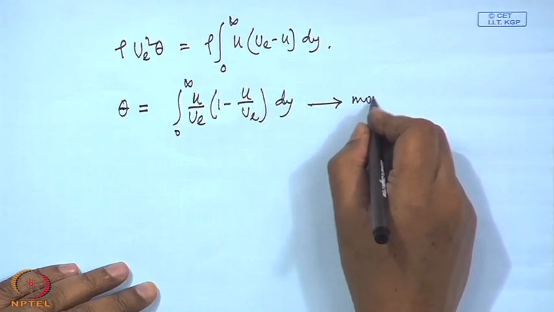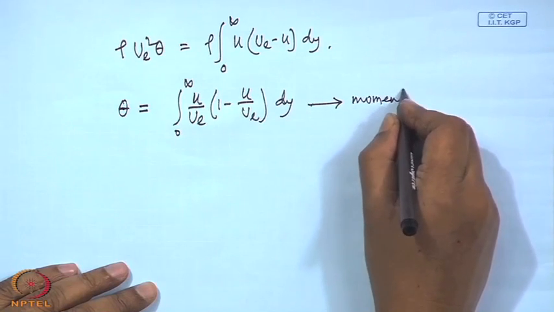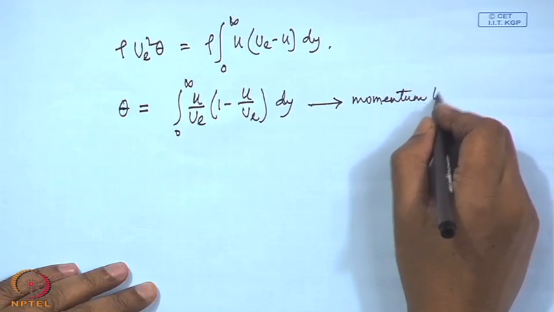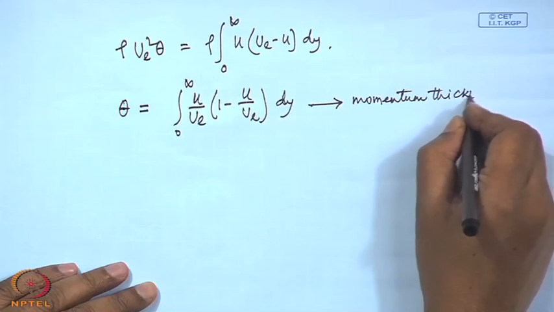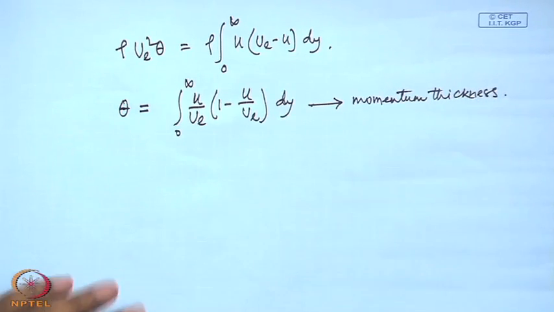This is the definition of momentum thickness. So, we have already defined delta star, which is the integration of 1 minus u by u e, and the momentum thickness, which is the integration of u by u e into 1 minus u by u e.